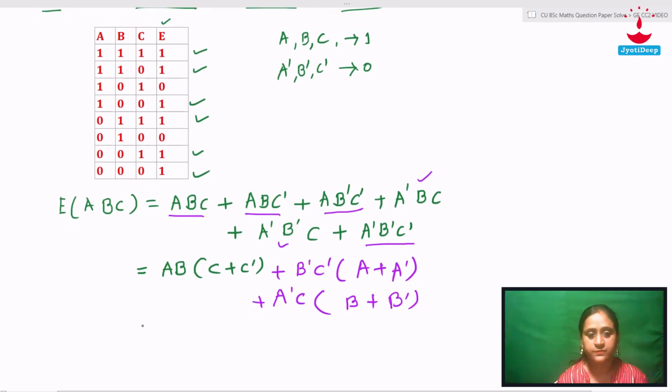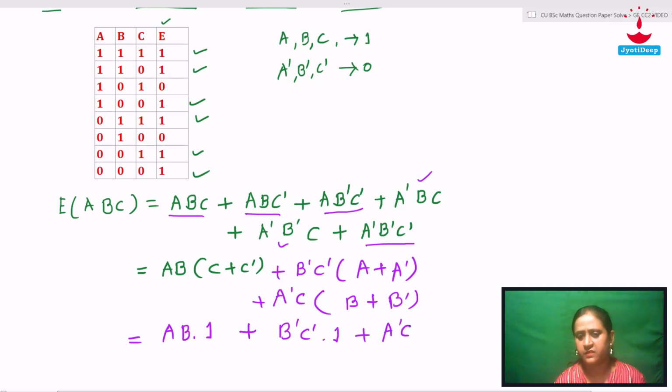Now we know C plus C dash is 1, so it will be AB into 1 plus B dash C dash. A plus A dash is also 1. A dash C. B plus B dash is 1.